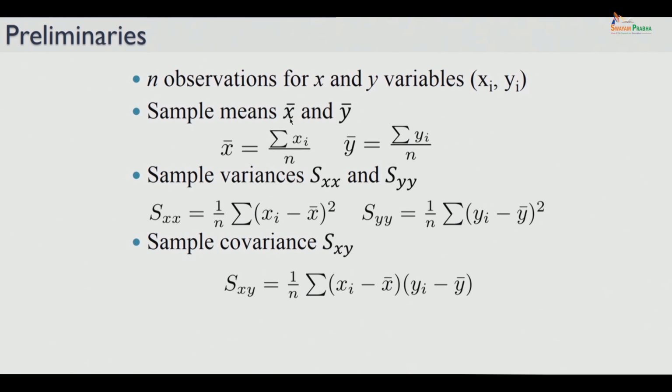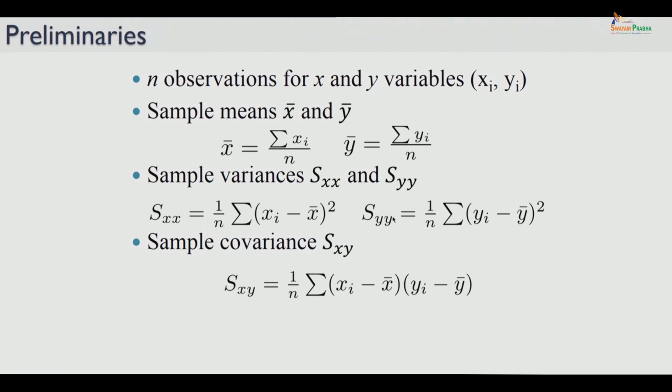We have seen this in statistics, which is just the summation of all values divided by n for x, which is denoted by x bar, and similarly we can do the sample mean of y, which is denoted by y bar. We can also define sample variances, which is nothing but the sum squared deviation of the individual values from the respective means, xi minus x bar whole squared, summed over all the values divided by n or n minus 1 as the case may be.